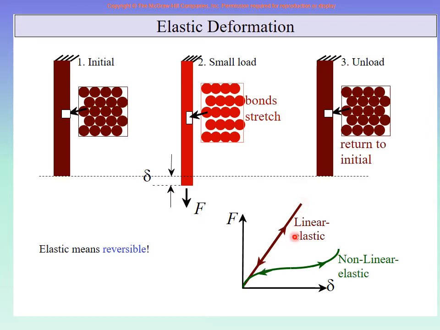But some types of plastics and polymers, especially rubbers, are elastic. As soon as you remove the load, they go back to the original shape and size, but the graph is non-linear. So for some polymers like rubbers, the graph of force and deformation is non-linear. It is not a straight line, but it does not mean that it is not elastic. Of course, if the load is too high, then it will become plastic.